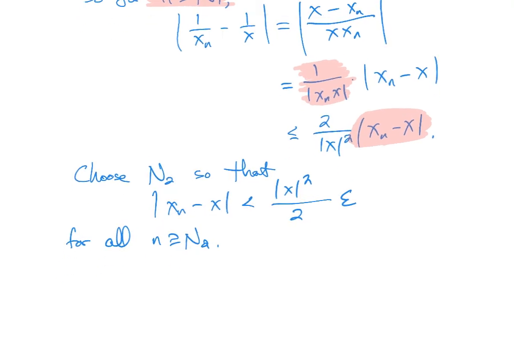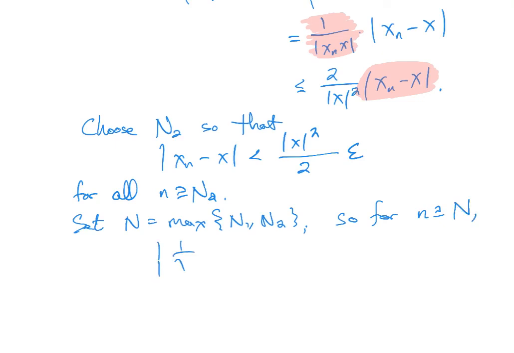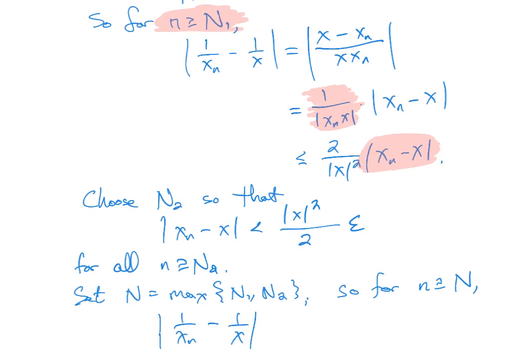Choose N2 to get that, and then set N equal the max of N1, N2. So for a little n at least capital N, we have, well, since little n is at least capital N1, we get this inequality.